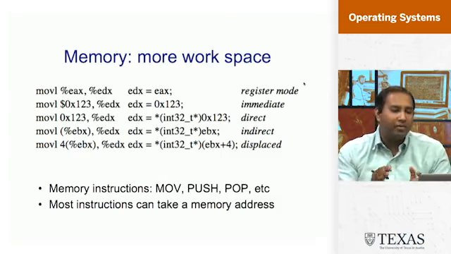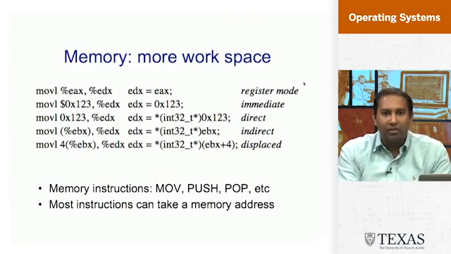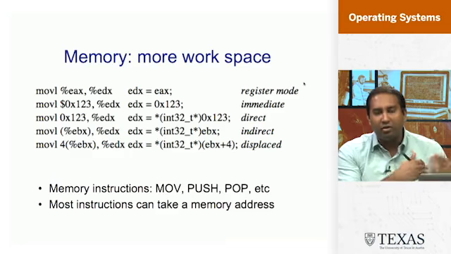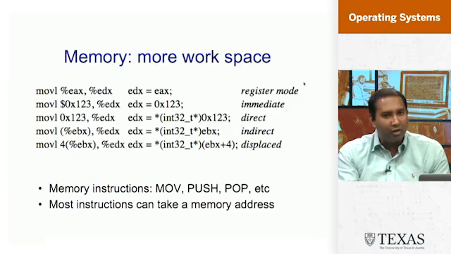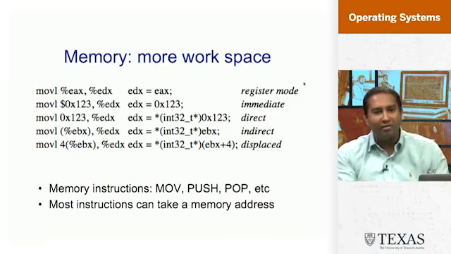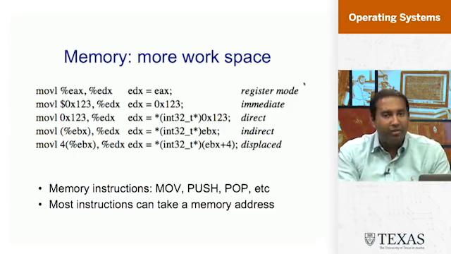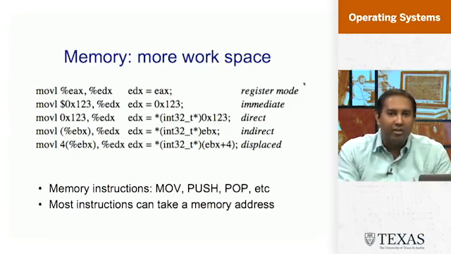A way to think about this: let's say you're working at your desk and you can keep a small set of items with you on that desk. Those are your registers. But sometimes you need something different, so you go to your closet and fetch stuff. Your closet is basically your main memory. Reaching for something on your desk is very quick, but going to your closet and getting stuff is very slow. That's the same setup with registers and DRAM.